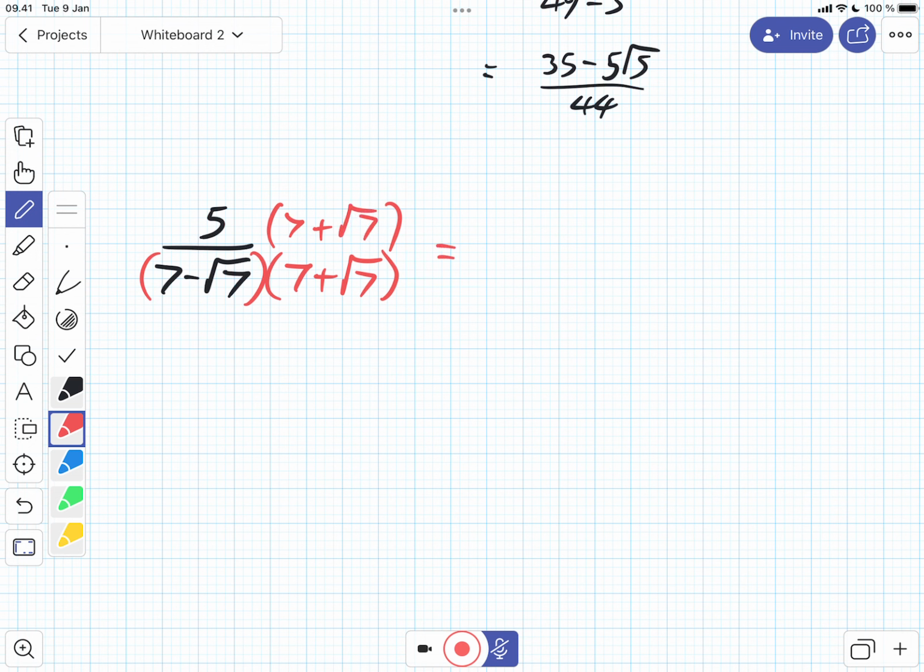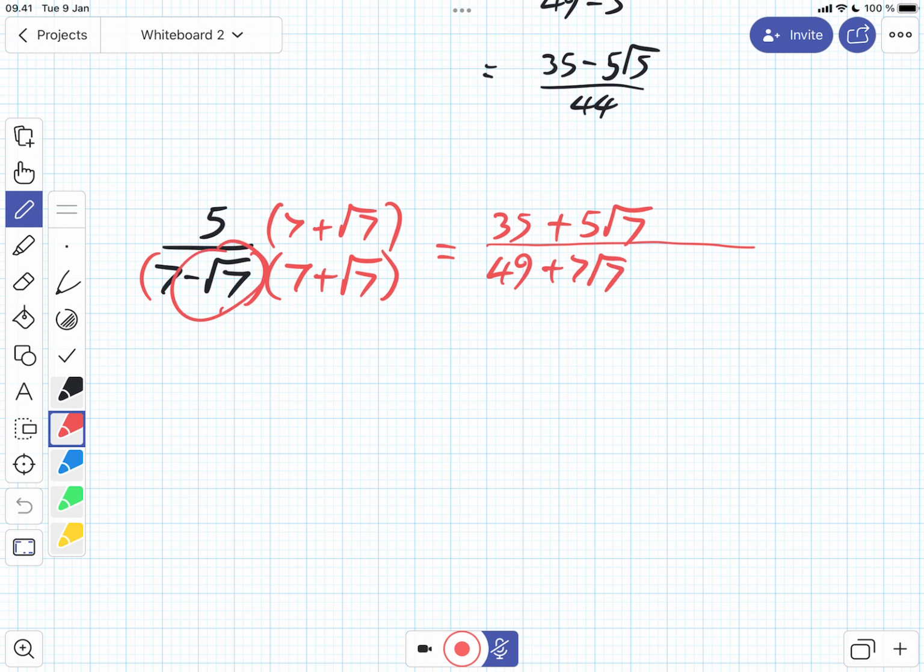So on the top, 5 times 7 is 35. 5 times the square root of 7 is 5 root 7. And then on the bottom, that's not a very good fraction, is it? Let's see if I can do better than that. Okay. So 7 times 7 is going to give me 49. 7 times the square root of 7 is going to give me 7 root 7.